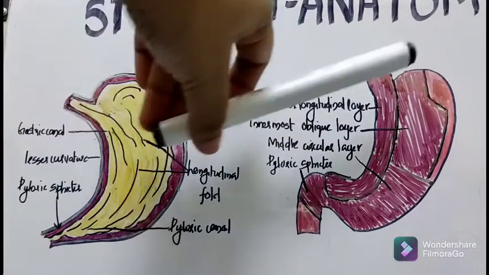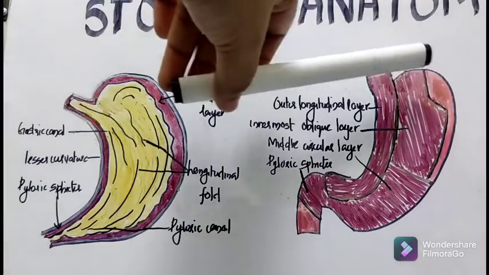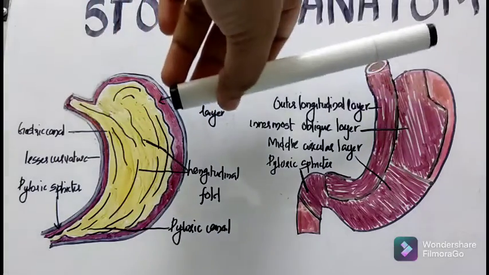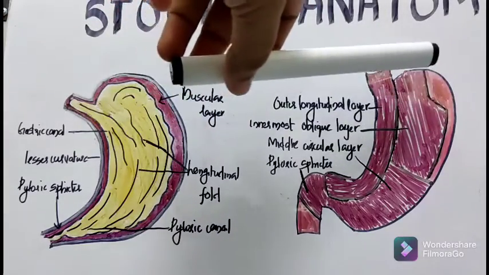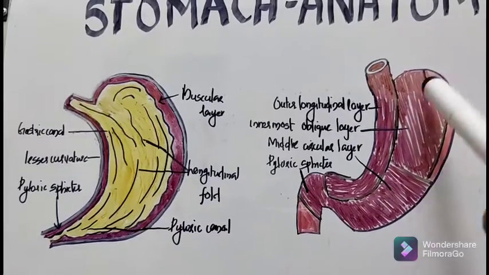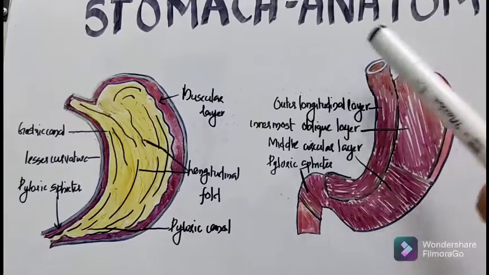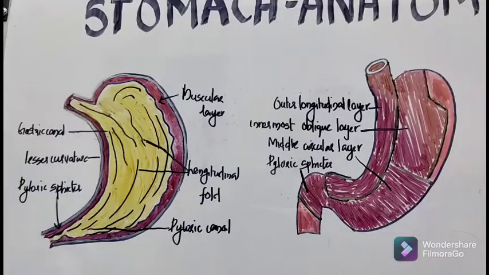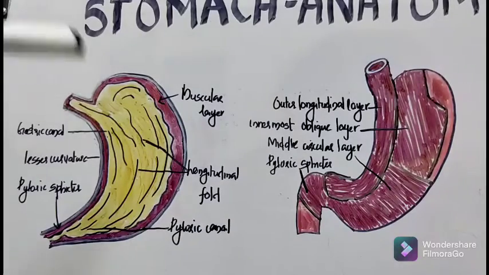These oblique muscles contract to form the gastric canal for the easy passage of fluids. Now we'll discuss some of the functions of the stomach.